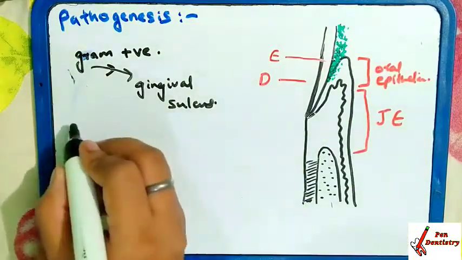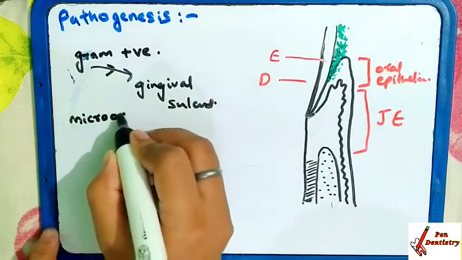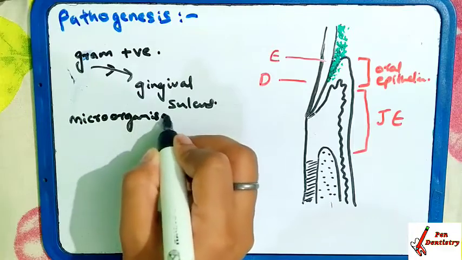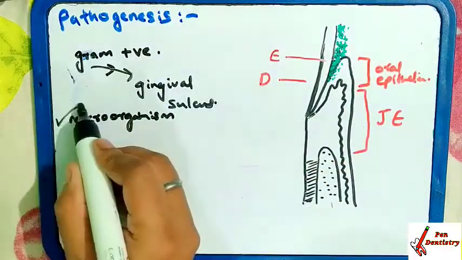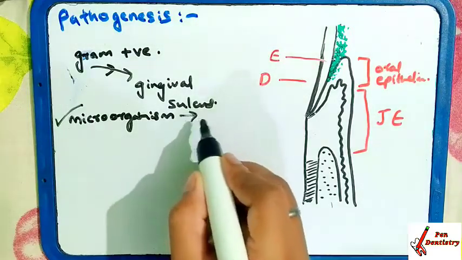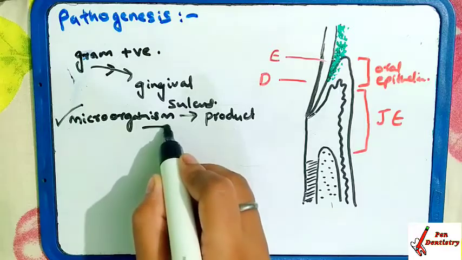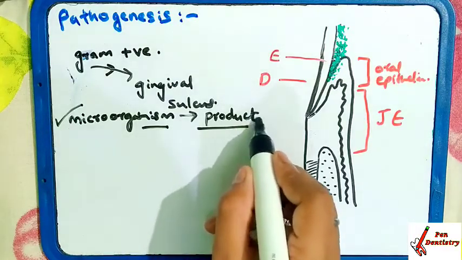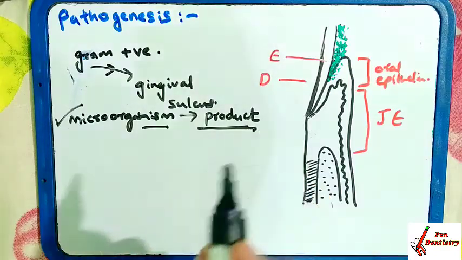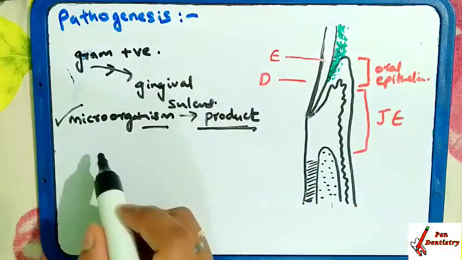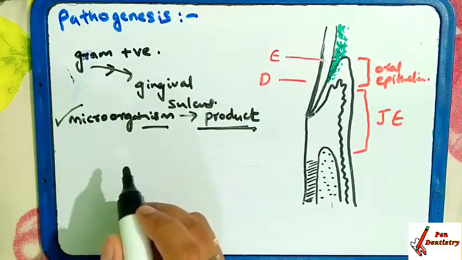These pockets are formed by the microorganisms. This pocket formation is due to the microorganisms as well as their products. The microorganisms produce toxic substances or products that cause the deepening of this sulcus and cause the periodontal pocket.